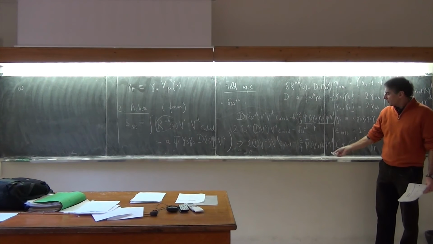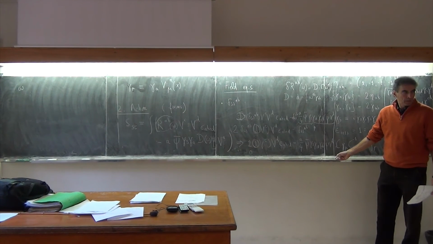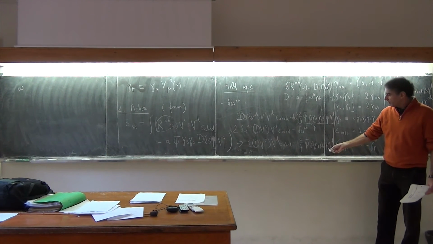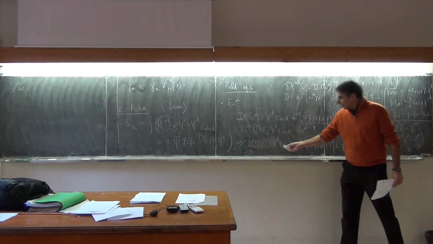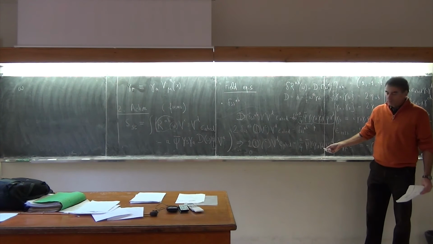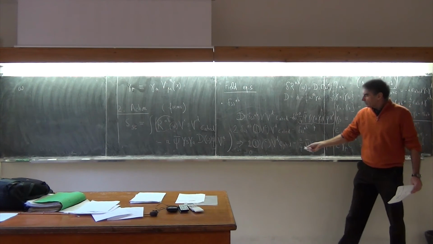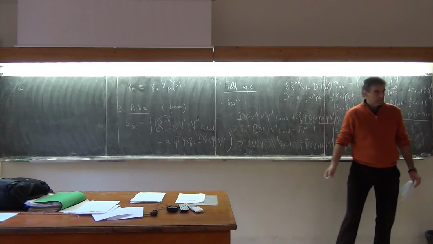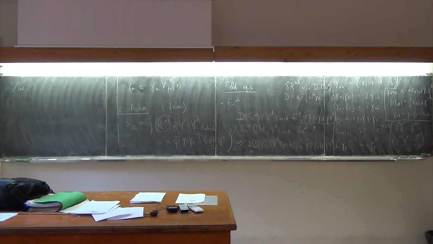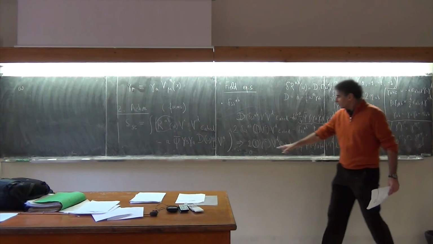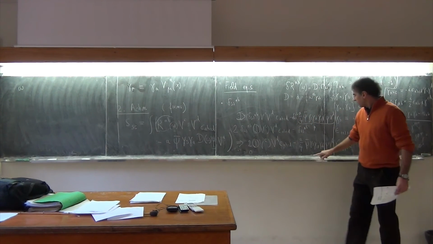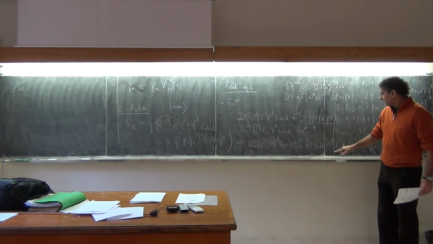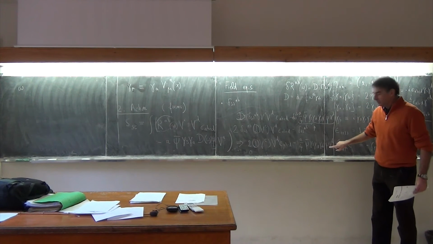This you can see from the structure of the equation. We do it in detail, but you can see it already because this is an algebraic equation for omega. As you see, omega appears only algebraically. It does not appear as a differentiated quantity, but it appears algebraically because inside this D there will be an omega, and here you just have psi bar psi.